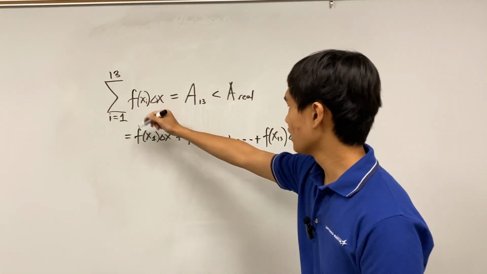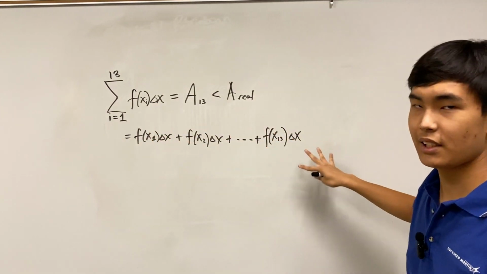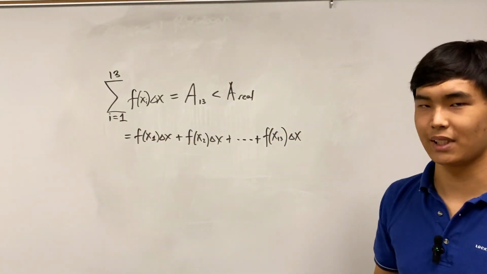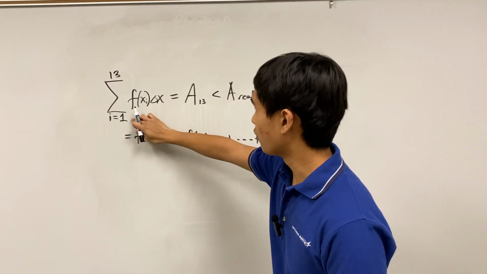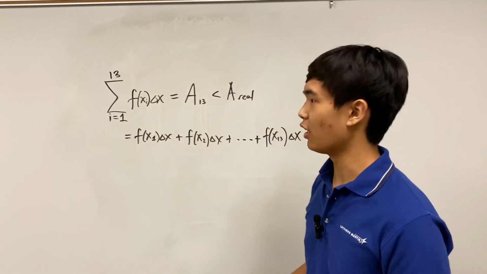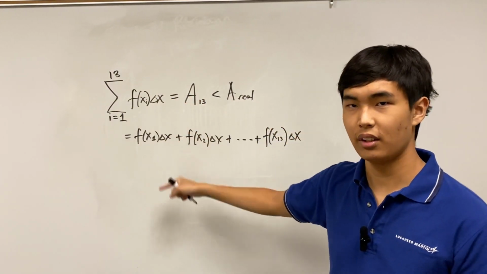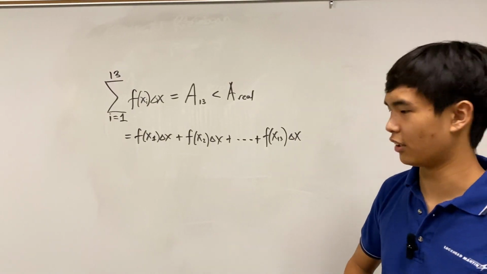So this is just all this condensed into a sigma sign. And going from 1 to 13 signifies that we're starting at the first rectangle and adding to the 13th rectangle.